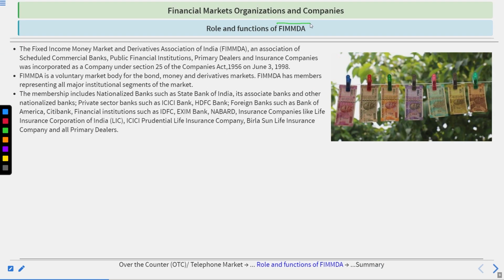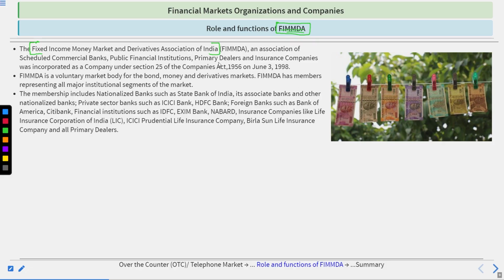Now, the role and functions of FIMDA. Before understanding the roles and functions of FIMDA, the first thing we need to understand is the full form. FIMDA stands for Fixed Income Money Market and Derivatives Association of India.